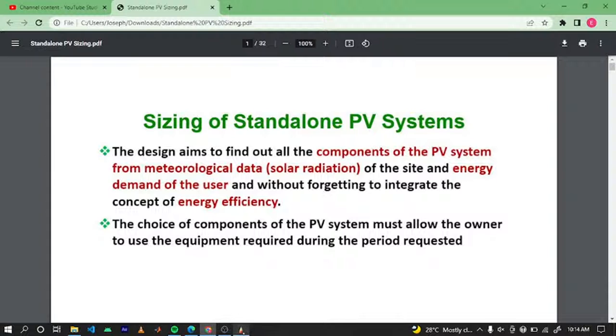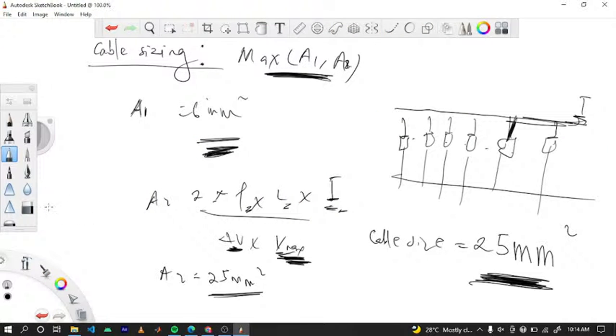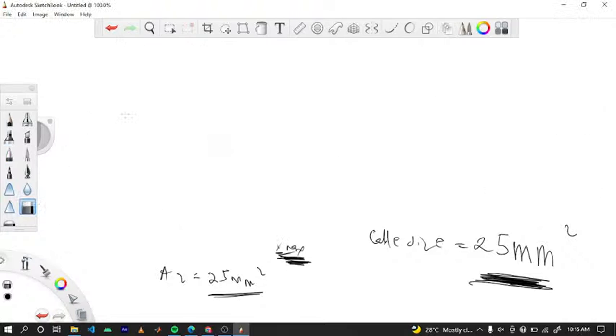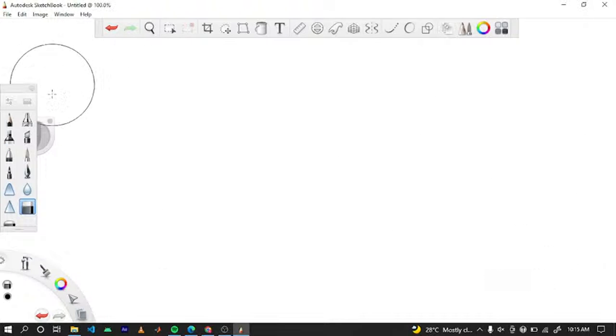Let me just mention one last thing. We know the RLGC parameters: RS series resistance, series reactance, shunt capacitance, shunt conductance.